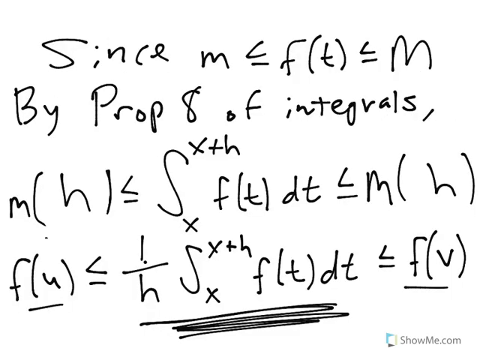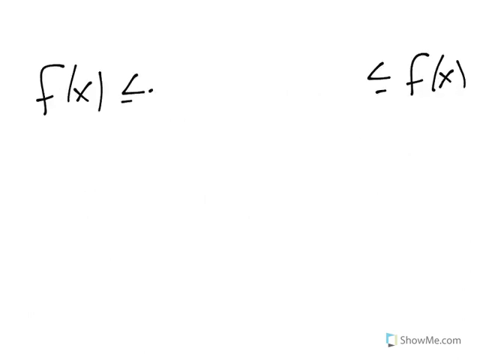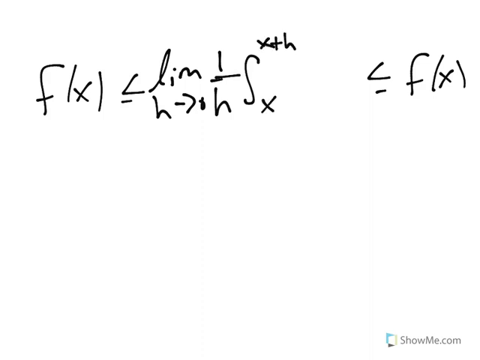So f of x is less than or equal to something which is less than or equal to f of x, and what we have in the middle is the limit as h goes to 0 of 1 over h times the integral from x up to x plus h of f of t dt.